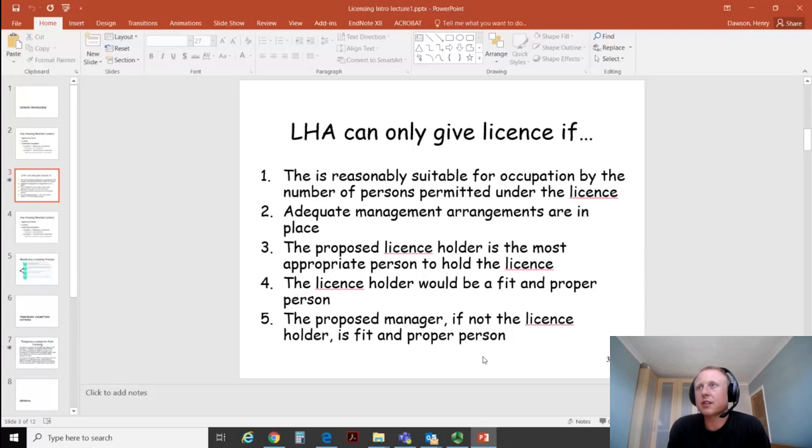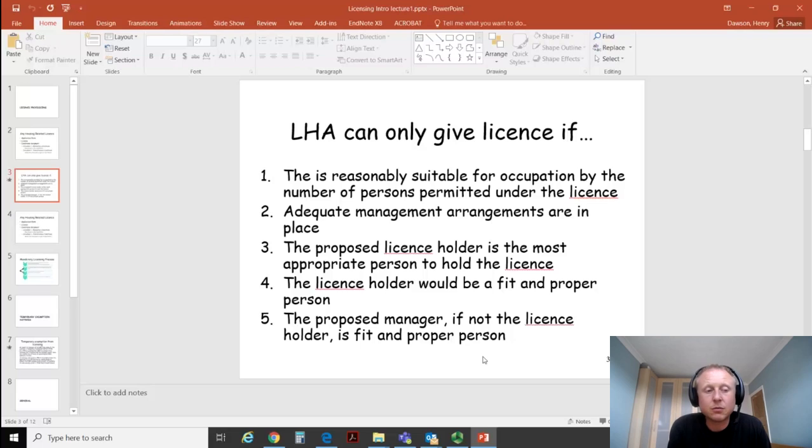The local authority must be satisfied that adequate management arrangements are in place, and so if the landlord lived in Australia and they hadn't found a local agent to run the property on their behalf, then you could say that wasn't adequate management arrangements, because if a pipe bursts or something goes wrong with the electricity and it goes off, then that landlord needs to be readily accessible and able to intervene in order to rectify those problems.